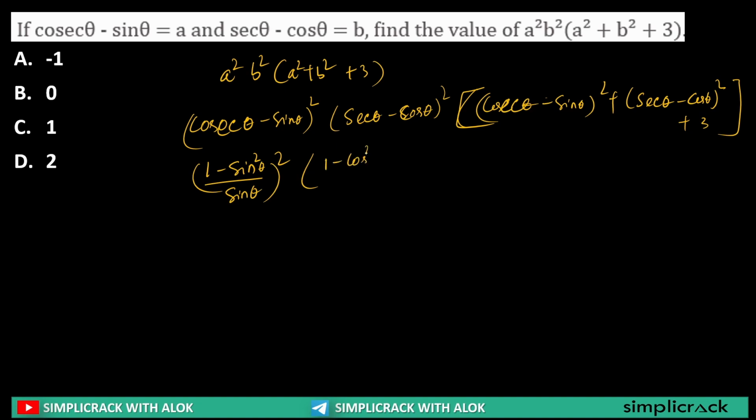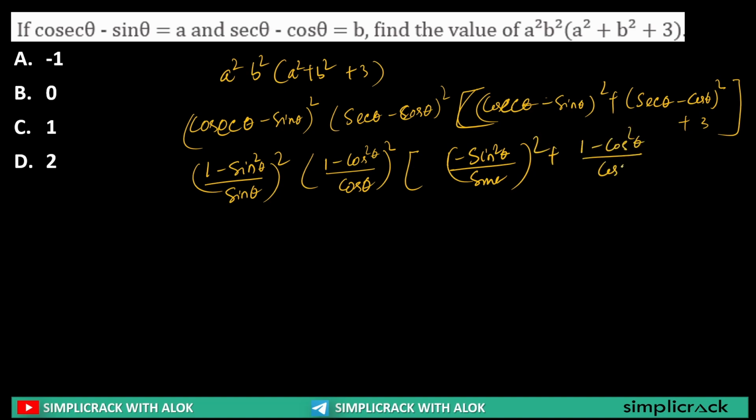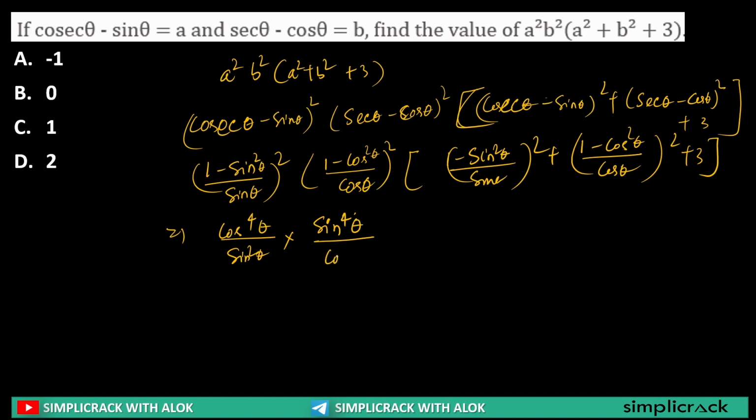Same here, (1 minus cos square theta) by cos square theta. So this whole thing is (1 minus sin square theta) by sin square theta plus (1 minus cos square theta) by cos square theta plus 3. 1 minus sin square theta is equal to cos square theta, so the square is cos 4 theta by sin square theta. 1 minus cos square theta is equal to sin square theta, so the square is sin 4 theta divided by cos square theta.